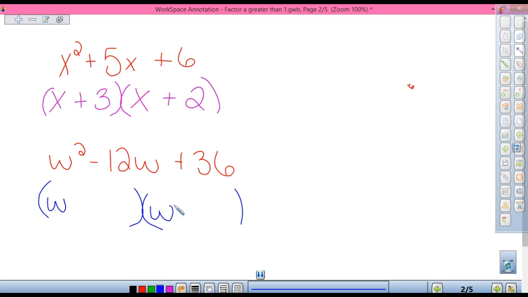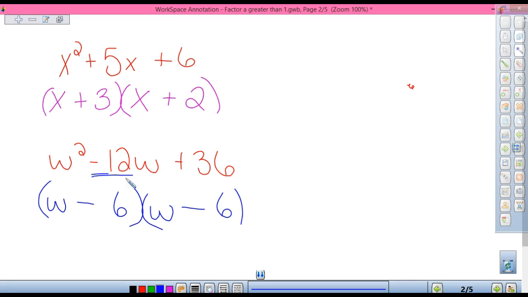What's an option to get to 36? 6 and 6, okay. Does 6 and 6 get me to 12? Alright. So we've got 6 and 6. What are my signs going to be? Good. Minus and minus, because negative 6 times negative 6 gets me to positive 36. And negative 6 plus negative 6 gets me to negative 12. Very good.